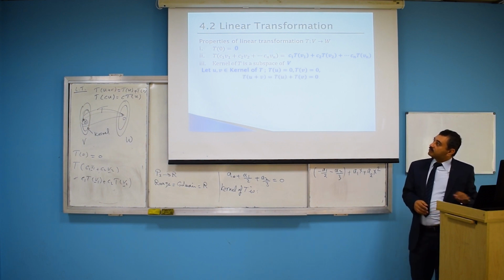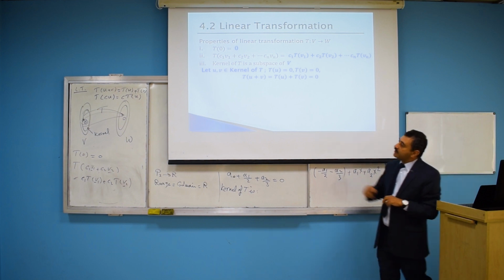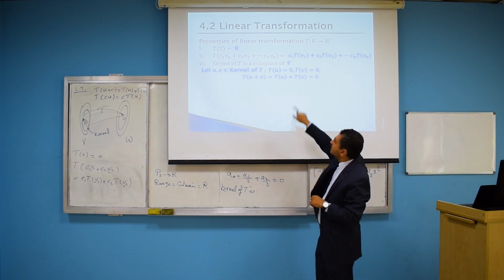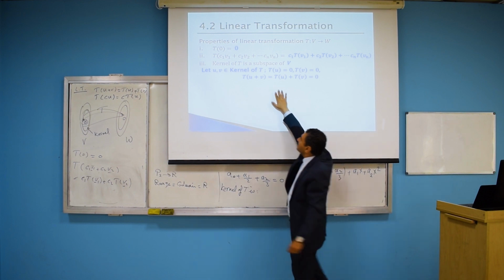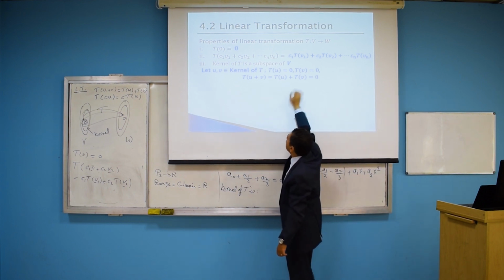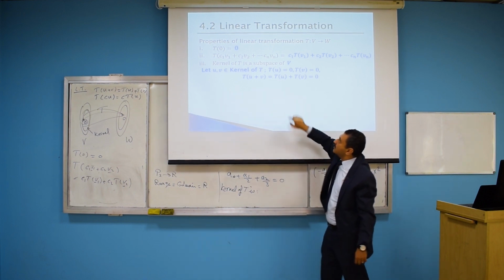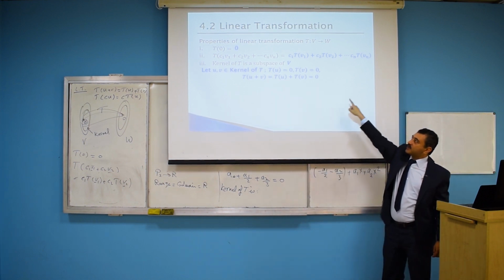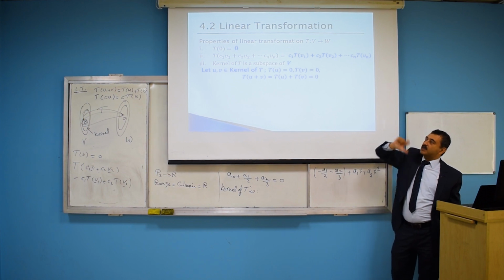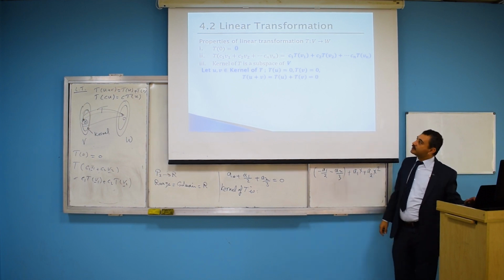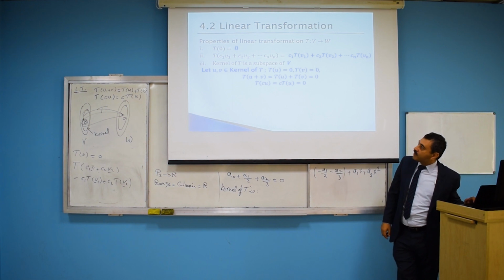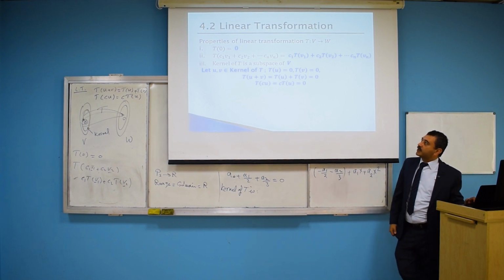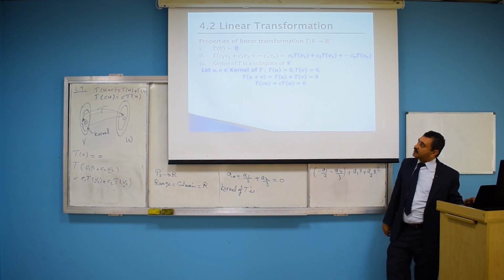By applying the first condition of the linear transformation, you get transformation of u plus v equals the sum of the transformations, and each one is zero, so transformation of u plus v equals zero, which means that u plus v belongs to the kernel. And similarly for scalar multiplication, and these conditions guarantee that the kernel is a subspace.